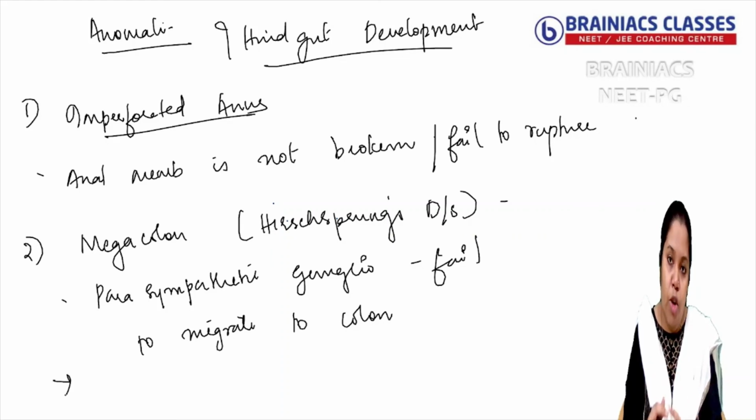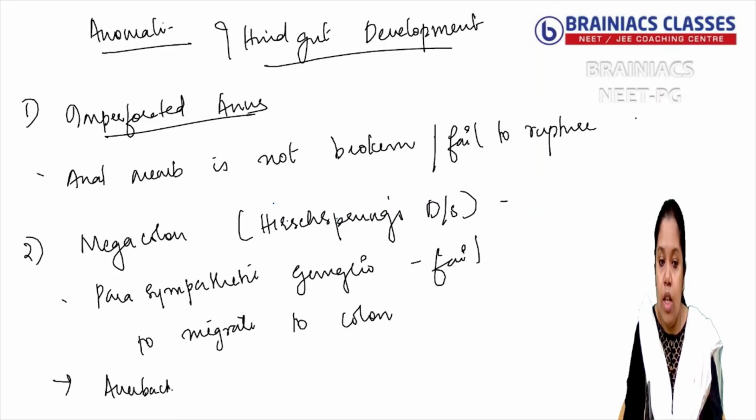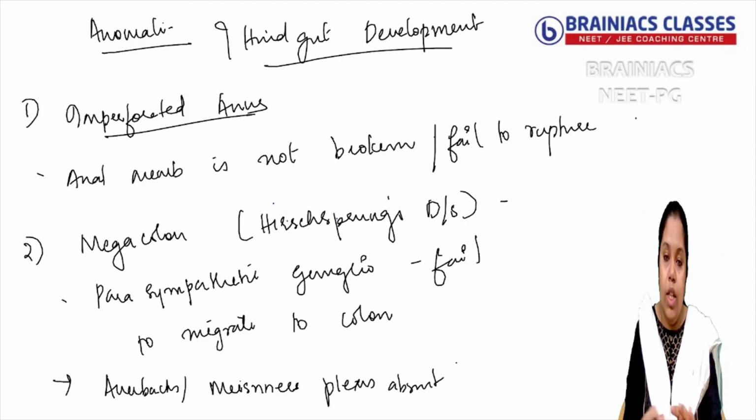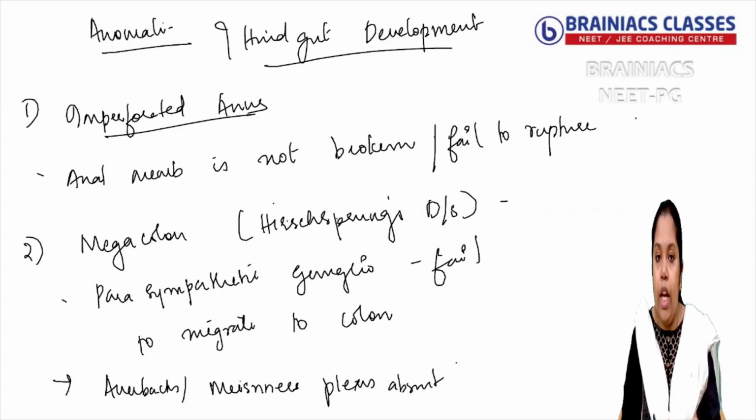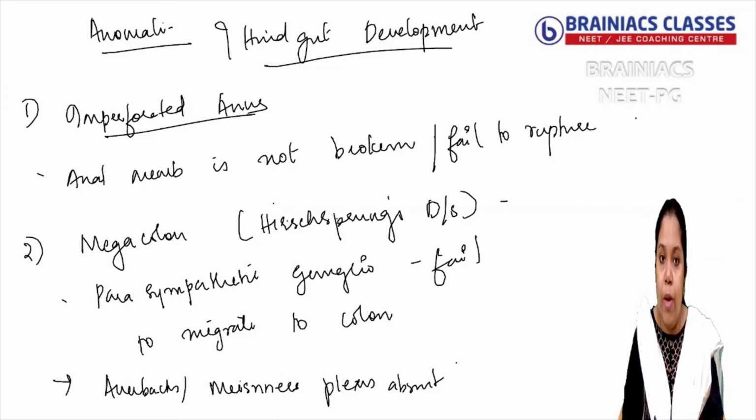And so which plexus is going to be affected? It is the Auerbach's or the Meissner's plexus, which will be absent. So the parasympathetic ganglion in the Auerbach's or the Meissner's plexus will be absent in case of megacolon.